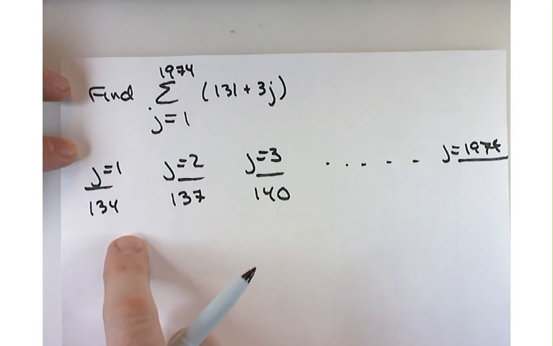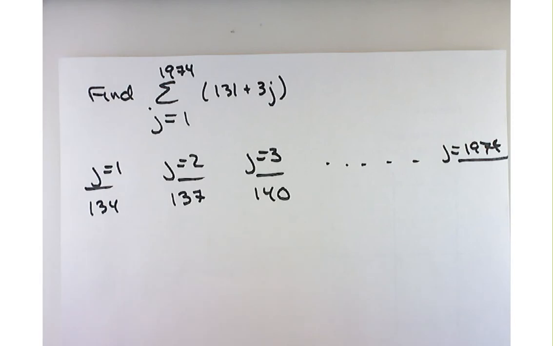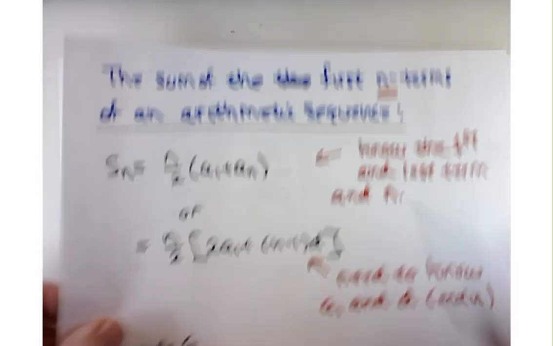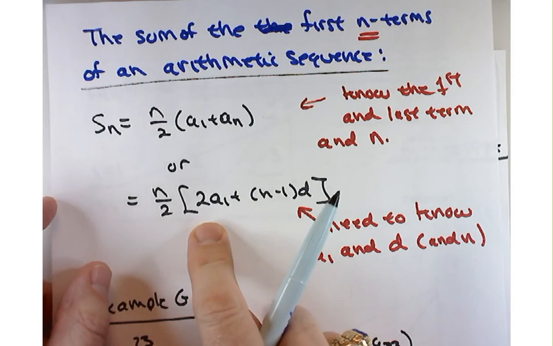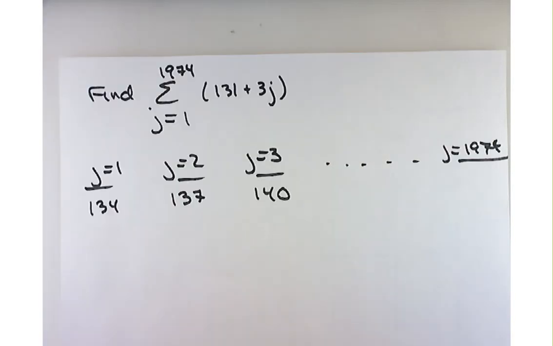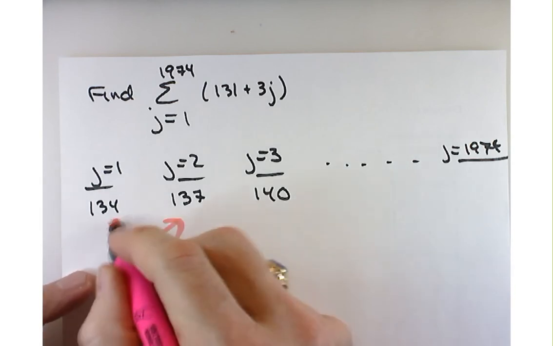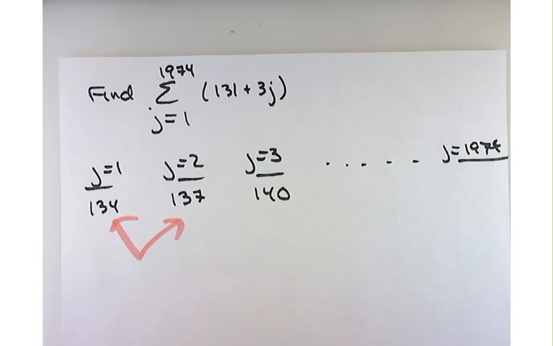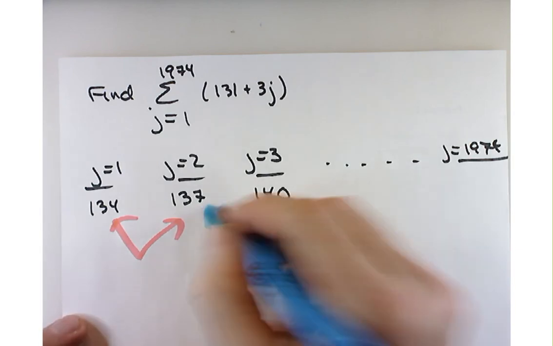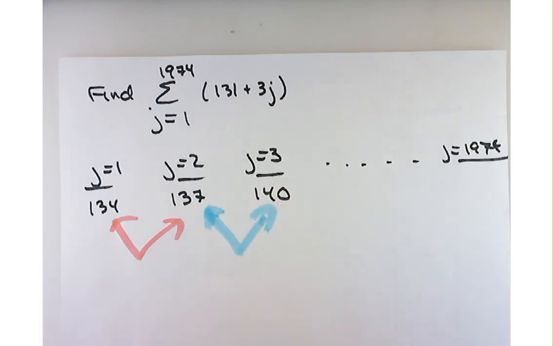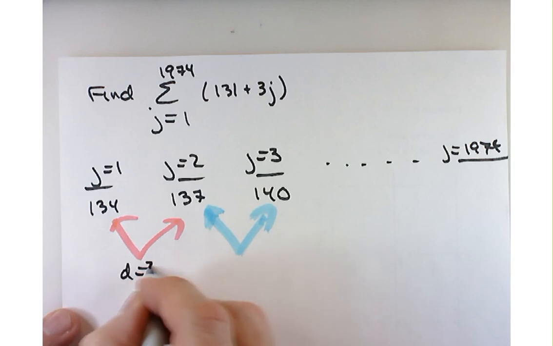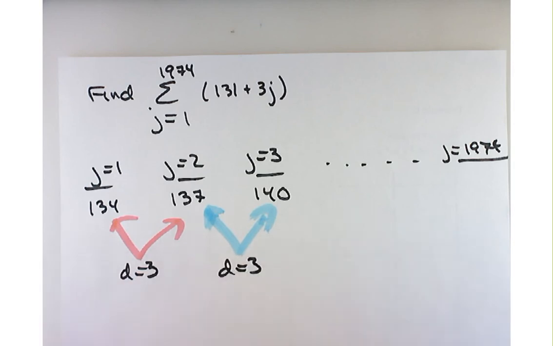Or do you just want to use the other version of that formula? There are 2 versions of this formula you can use. As long as I've verified that this is an arithmetic sequence, I'm golden. I can just use that version of the formula. And it's true. d equals 3 and d equals 3. So it's an arithmetic sequence.